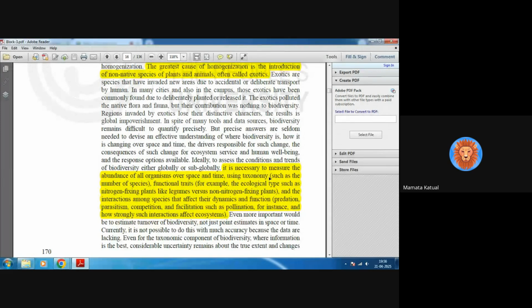So these interactions are also very, very important when you study biodiversity. So in biodiversity, not only do we study the number of species, which is also important, but another important thing is the functional aspect, their relationship, and their role in the ecosystem.